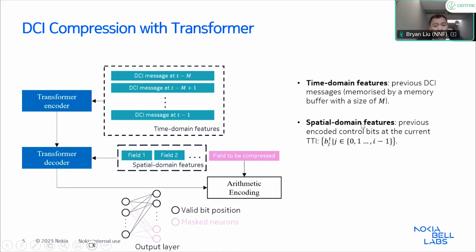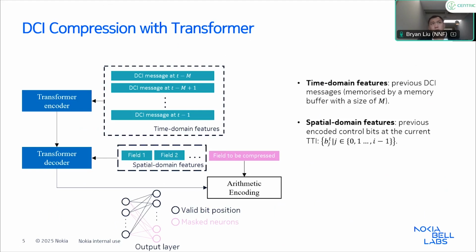In our work, we propose a transformer-based architecture for this DCI compression, where the transformer model serves as the neural network predictor to estimate the probability distribution for the symbol to be compressed. There are two types of features we let the transformer learn from. The first one we call time domain features, where the past DCI messages serve as the input for the transformer model.